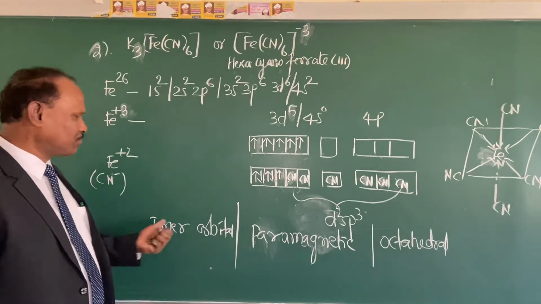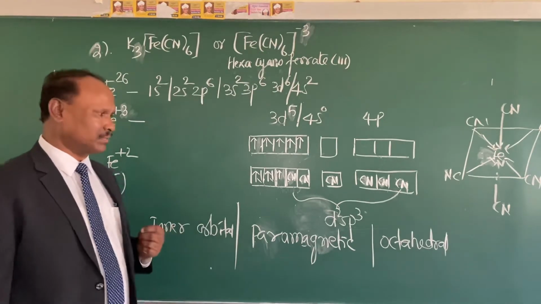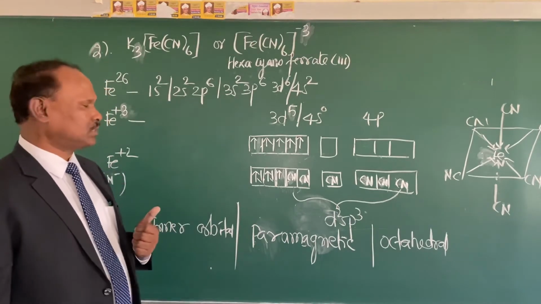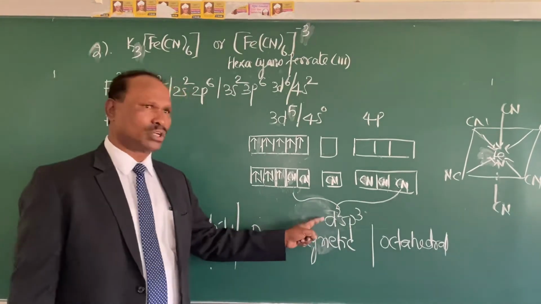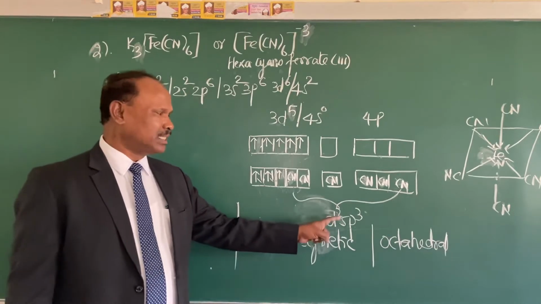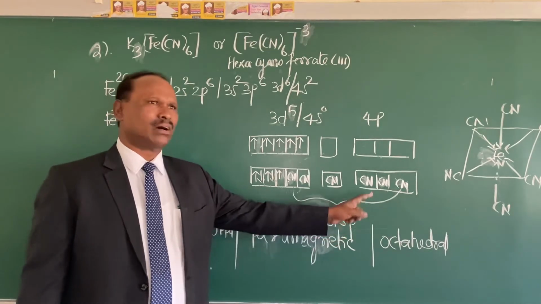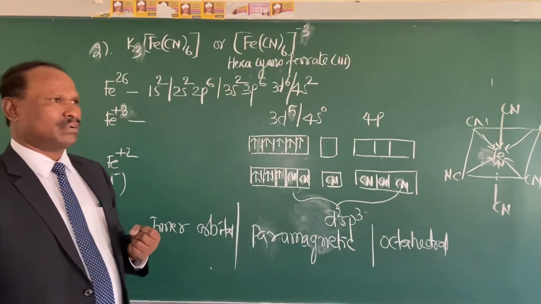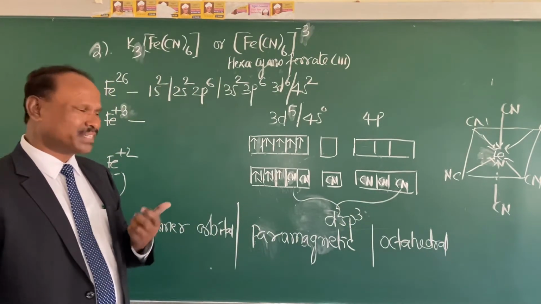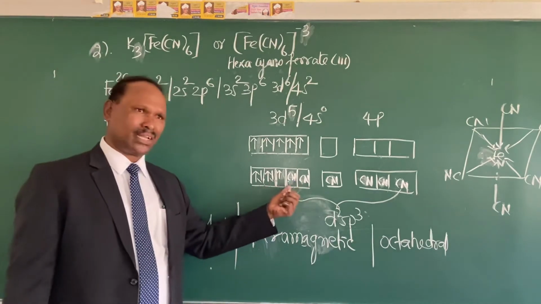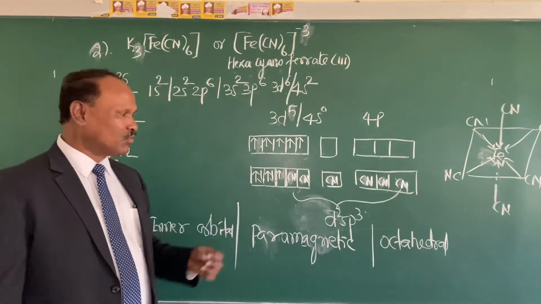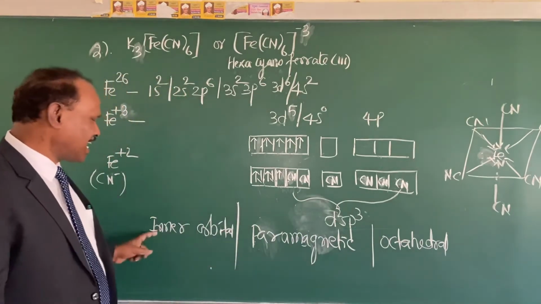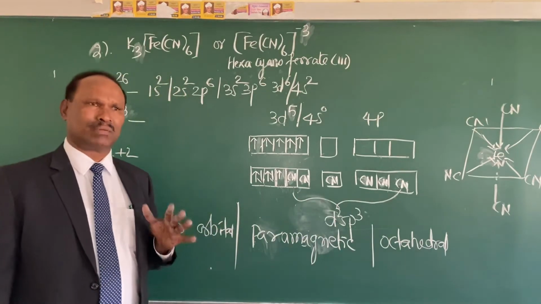What is the definition for inner orbital complexes then? The complexes which are formed by the use of d2sp3 hybrid orbitals, or I will say like this, the complexes which are formed by the use of inner d orbitals and involve d2sp3 hybridization are called inner orbital complexes.